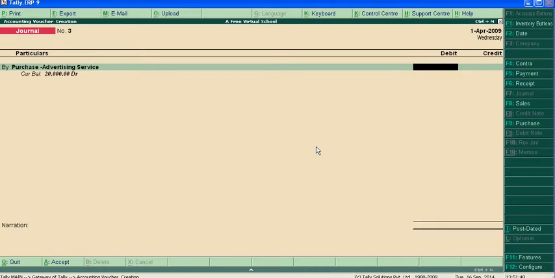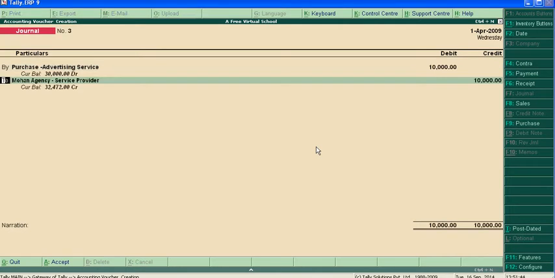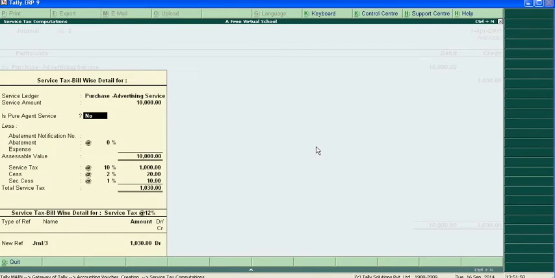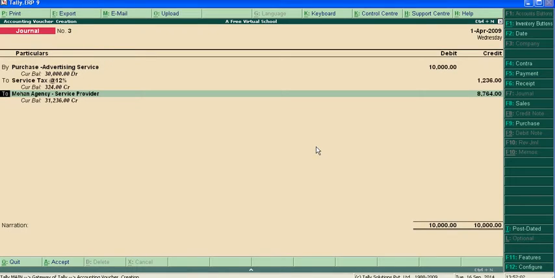You have to get 10,000 of services and service tax at 12%, 2%, 1%, total 1,236.